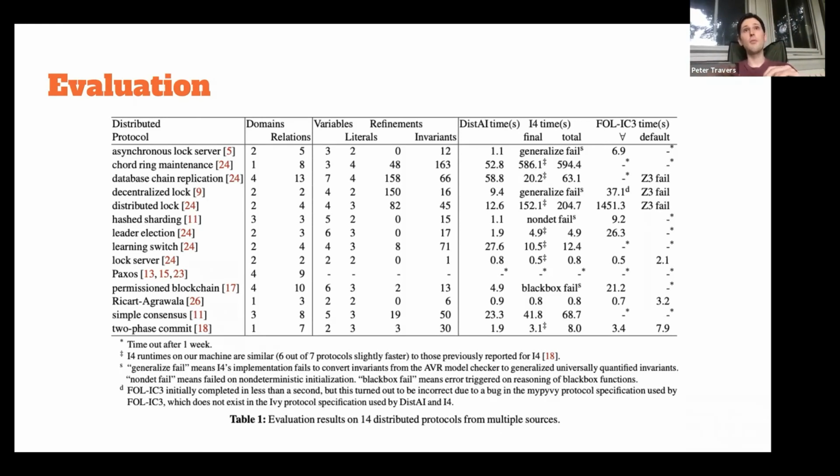But at the same time, we don't actually have to check every single possible combination of invariants, because we have a lot of clever pruning of the possible set of invariants.